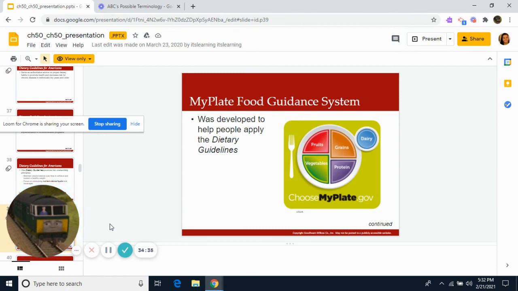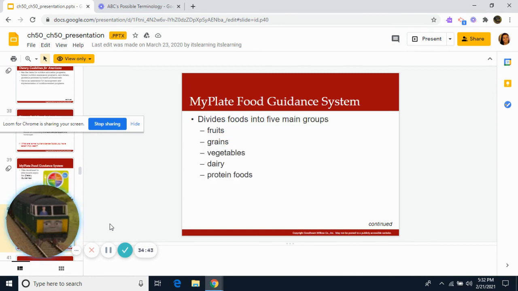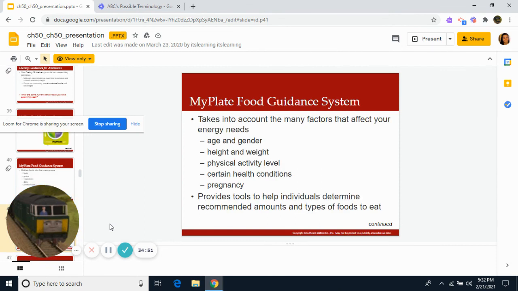The MyPlate Food Guidance System was developed to help people apply the dietary guidelines. It divides foods into 5 main groups: fruits, grains, vegetables, dairy, and protein foods.